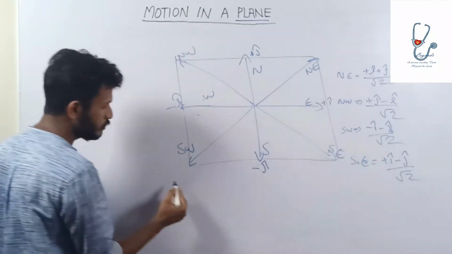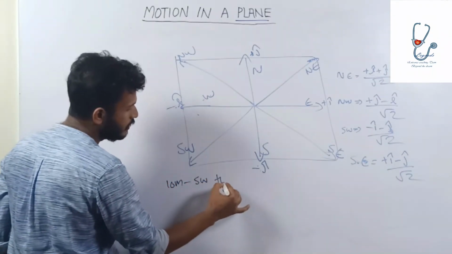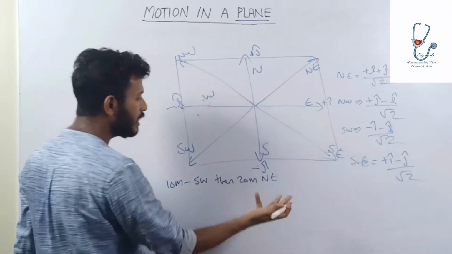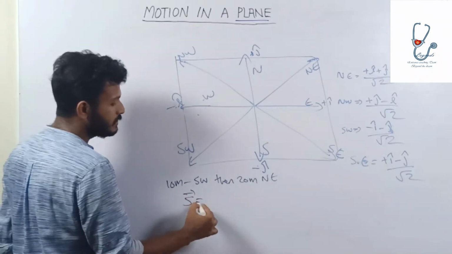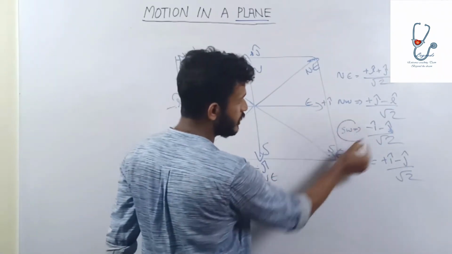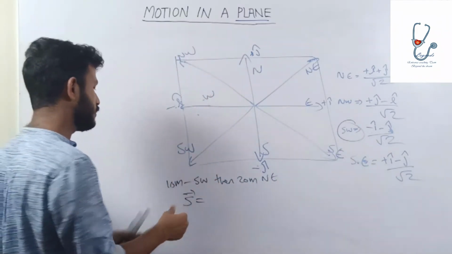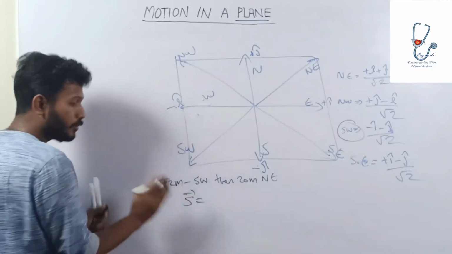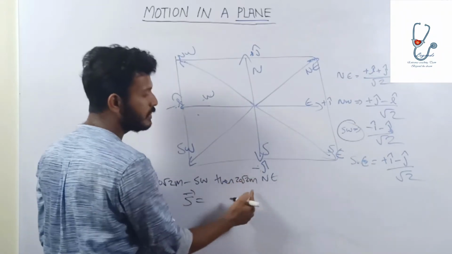Please listen to a question. A man moves 10 meter southeast, then 20 meter northeast. What is his displacement? For simplicity, the question can be changed to 10 root 2 meter southwest, then 20 root 2 meter northeast.